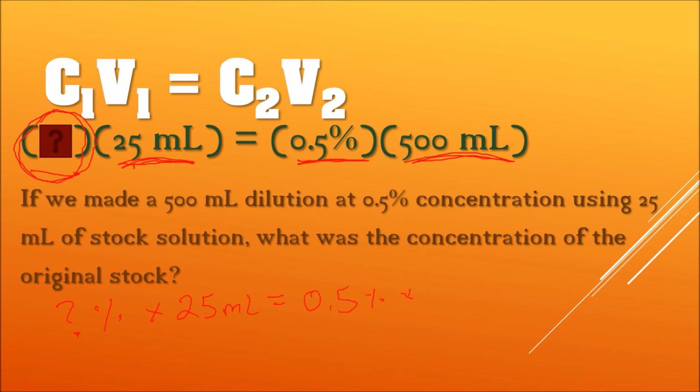equals 0.5% times 500 mL. So 0.5% times 500 mL is 250% times mL.